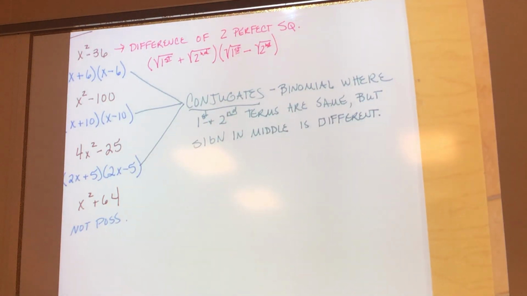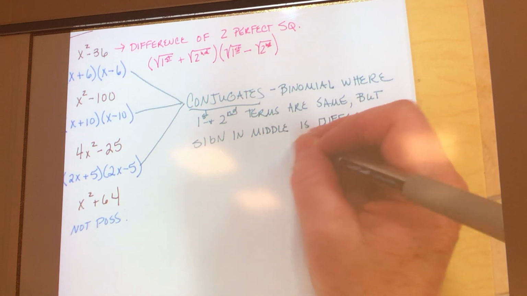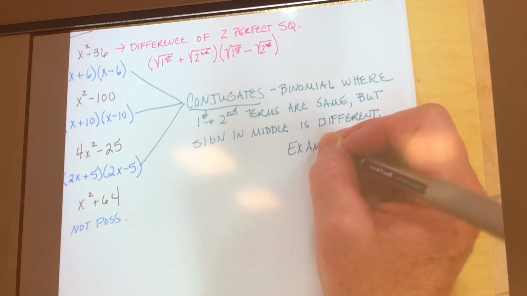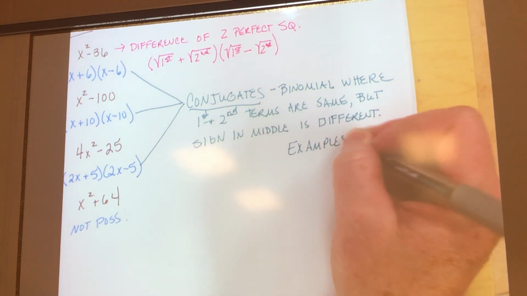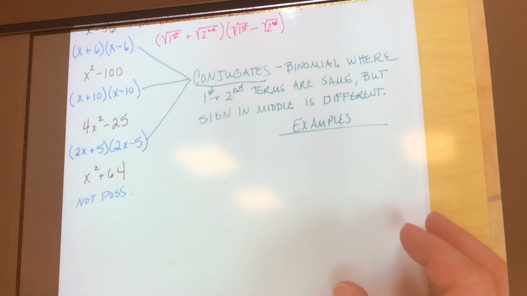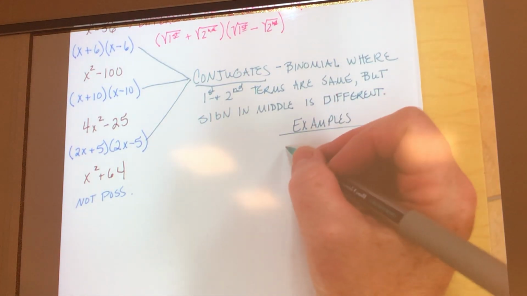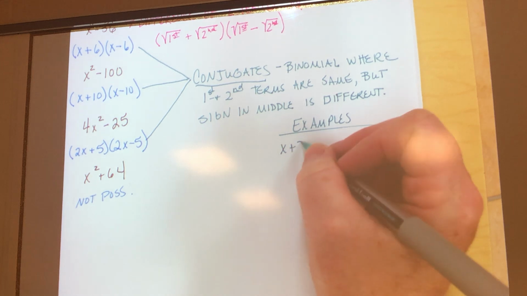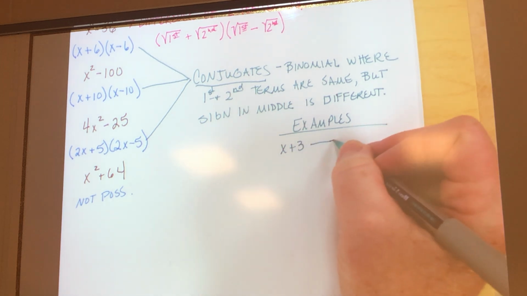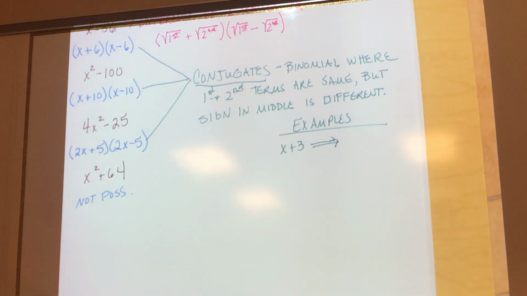Okay, the sign in the middle is different. So let's list some examples of conjugates and make sure that you understand exactly what a conjugate is. I'm going to write one down here, x plus 3. And I want you to tell me what its conjugate is. What is it?